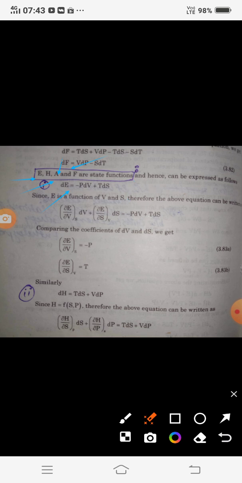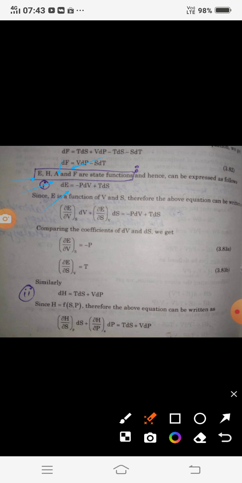So we will say differential E divided by differential V. If we are dividing by differential V, then we have to multiply by differential V as well, and S is taken as constant because we are taking the differential of the volume at constant entropy.